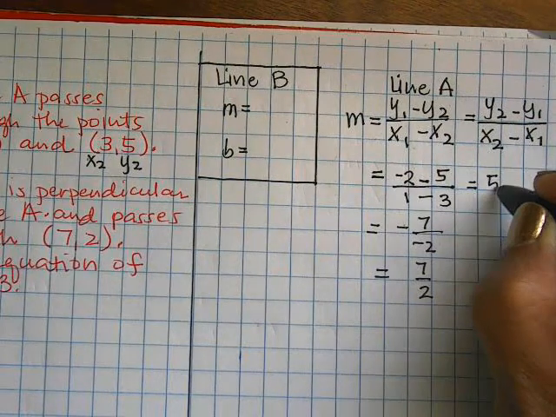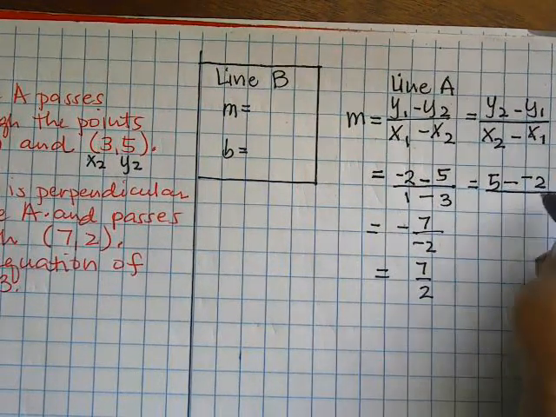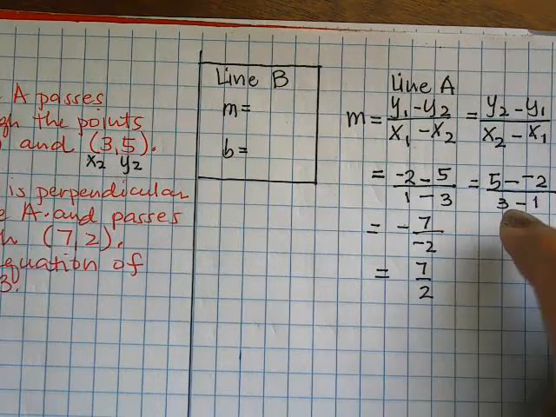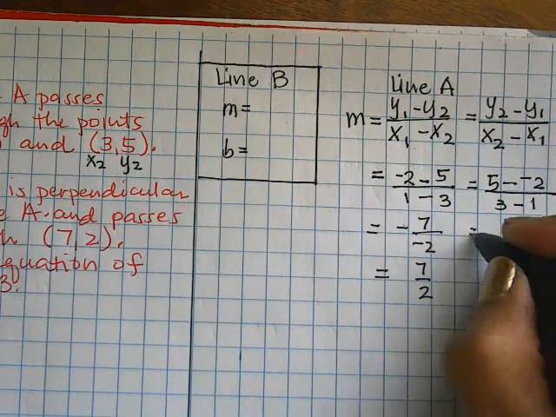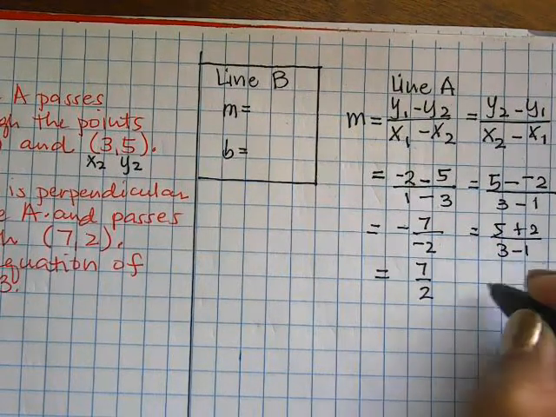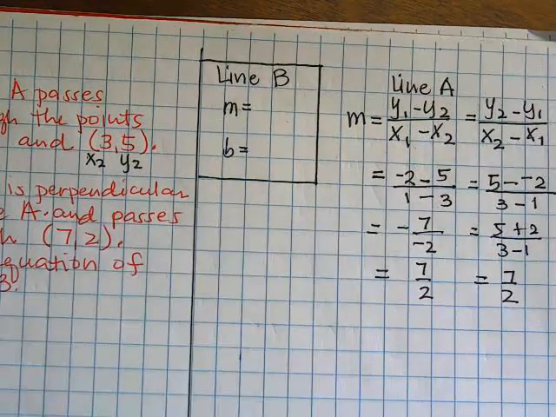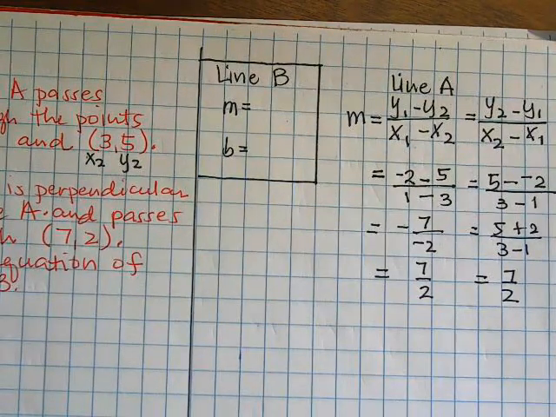Y sub 2 is 5 minus negative 2, and 3 minus 1. So that will be 5 minus negative 2, which is just 5 plus 2, over 3 minus 1. So you will also get 7 over 2. So it doesn't matter. Study this formula if you've forgotten about that.